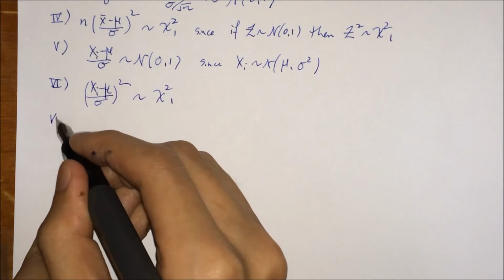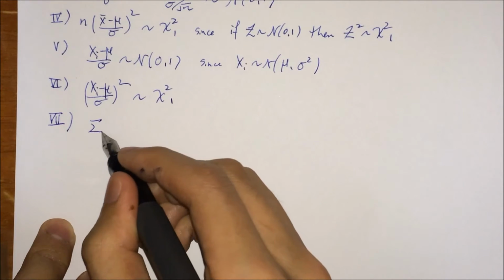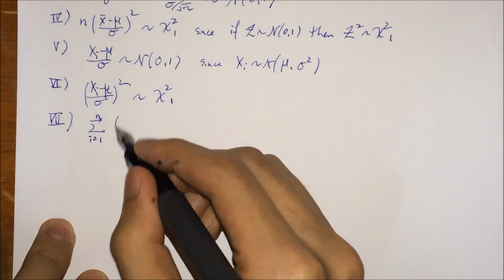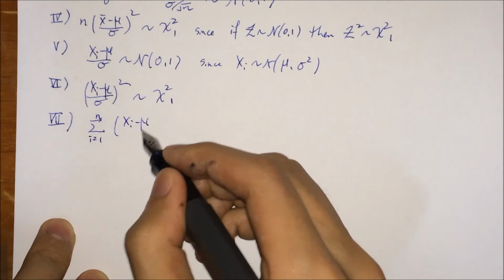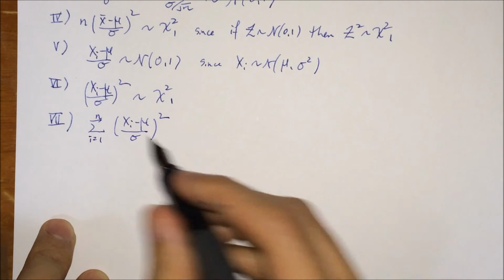Now, the last one, 7, you're asked what is the distribution of the sum from i equal to 1 to n of xi minus mu on sigma, all squared.